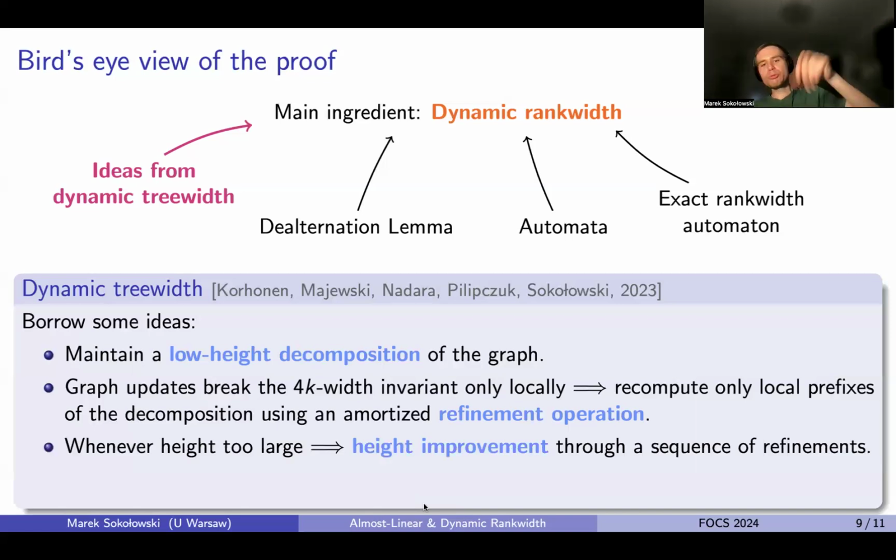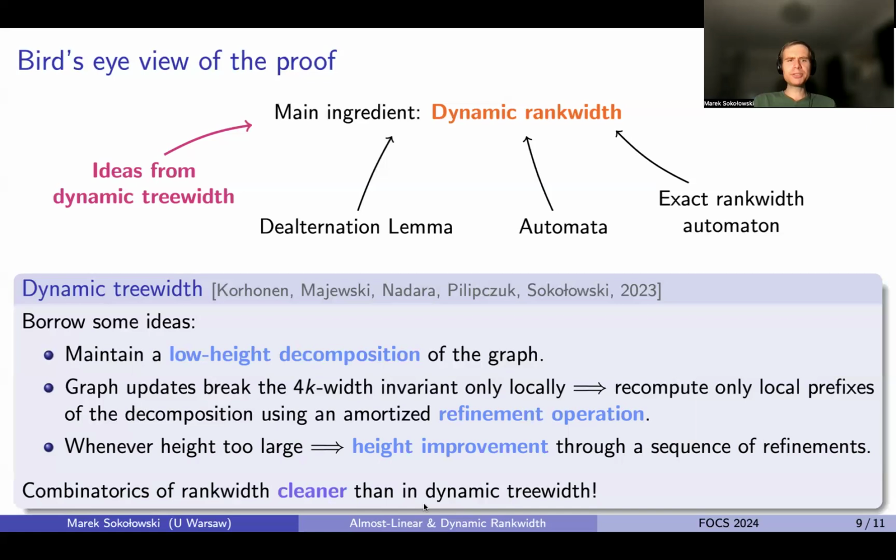On the other hand, this refinement operation might cause the height of the decomposition to become too large. So we also give a height improvement operation that intrinsically works by performing a sequence of refinement operations. So we have this funny thing where refinement operations can increase the height and cause it to be too large, but the height improvement is actually implemented through refinement operations, and it can be proved to decrease the height of the decomposition below a subpolynomial threshold.